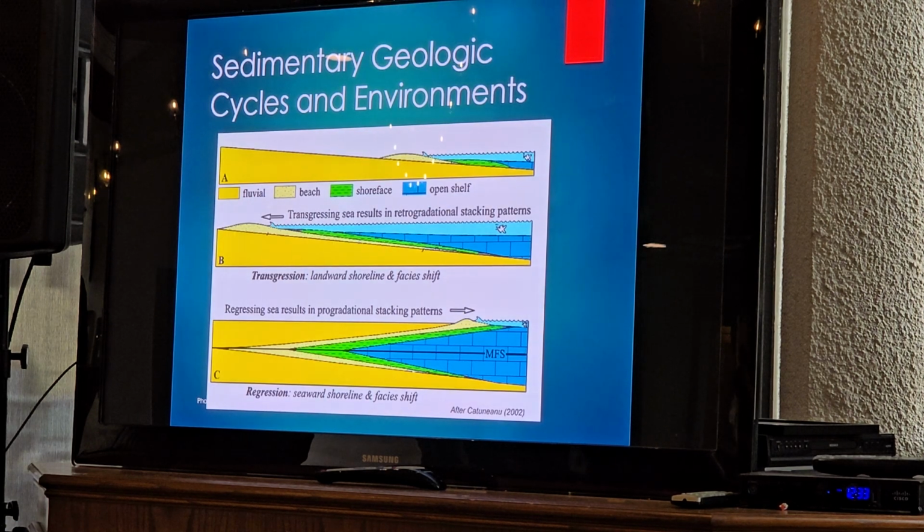This is called a cyclothem. Basically, as the sea levels rose and fell, you have the sequence repeated over and over again. Again, this is what we saw in Tulsa. So the sea level would fall, you'd have rivers cut through the reefs, you'd have rivers cut through the sand dunes or bar sands, and then it'd get filled back up as the sea level rose again, and you just have this repeating sequence.